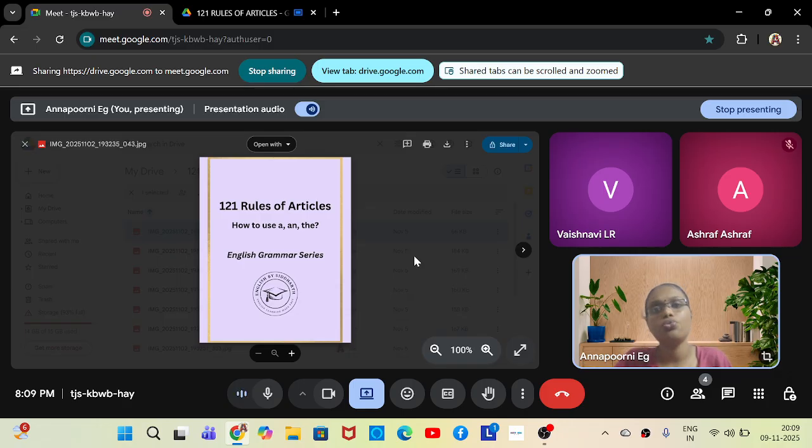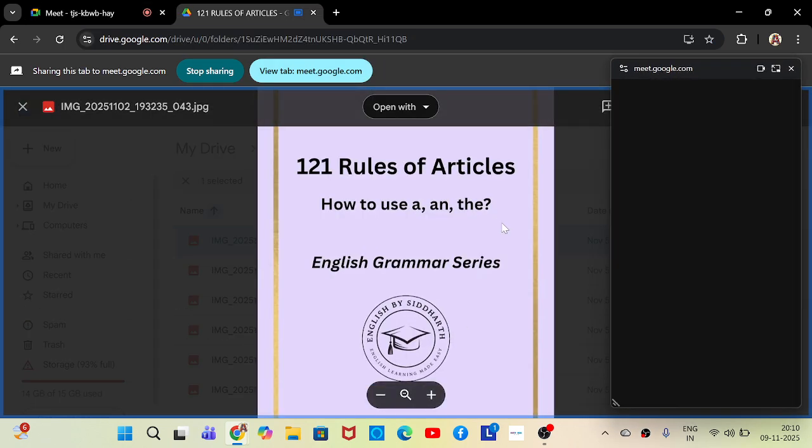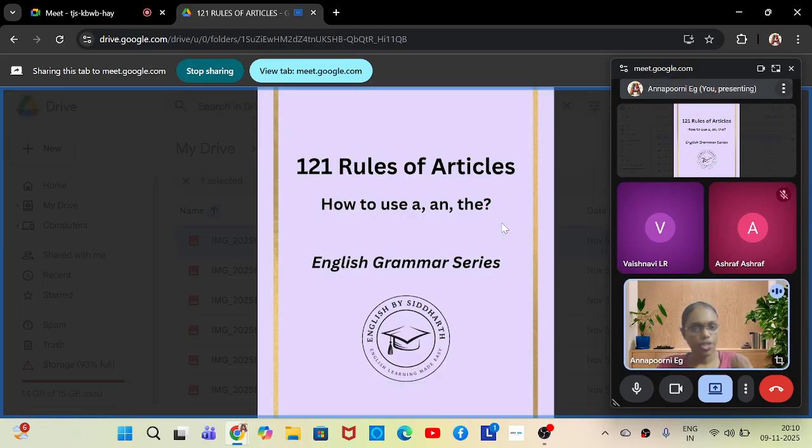Now, why are we using articles? This is the most important question. Articles are used to speak about general things or general nouns as well as specific nouns. If you want to speak about a general noun, you can use a or an.